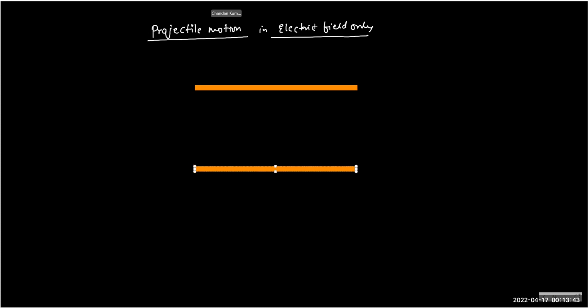And one plate is given a positive charge. Okay. The other is given a negative charge. And the plus and minus charge will create a kind of uniform field across the space between the plates except at the edges, and we can think of this uniform field something like this, beginning from the positive and ending towards the negative.